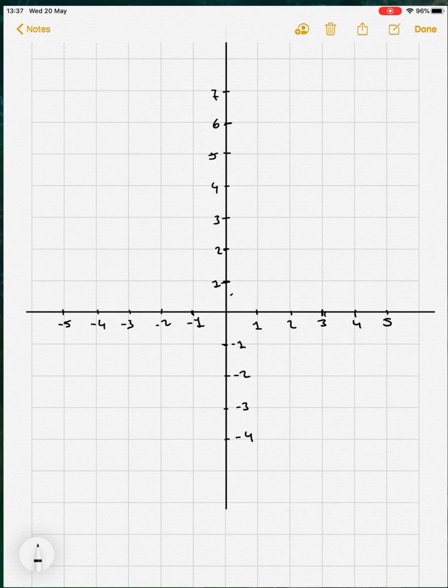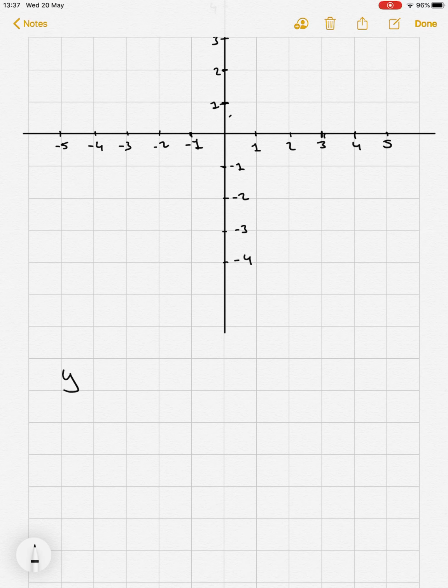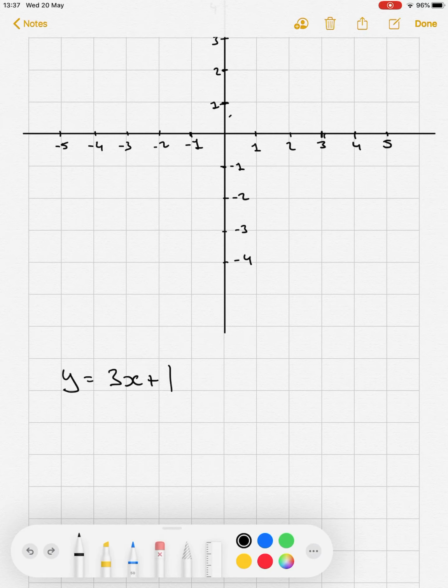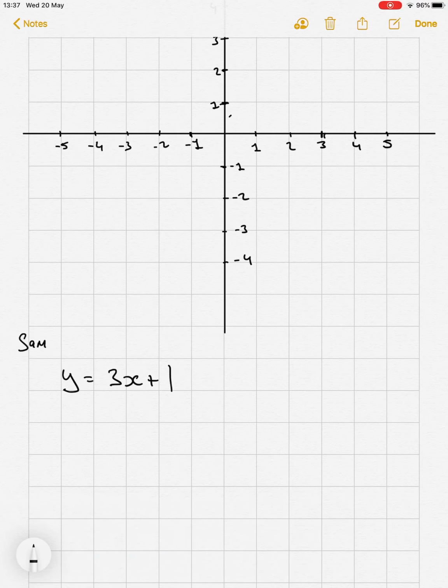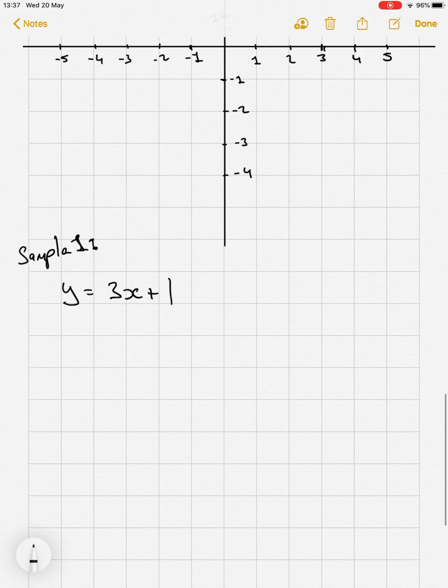If you have an equation of a line, y equals 3x plus 1, and I need to get 2 points, all we do is first give x a value, any value, you can choose the value, and then we see what y is when x is our given value. That sounds longer than it actually is.